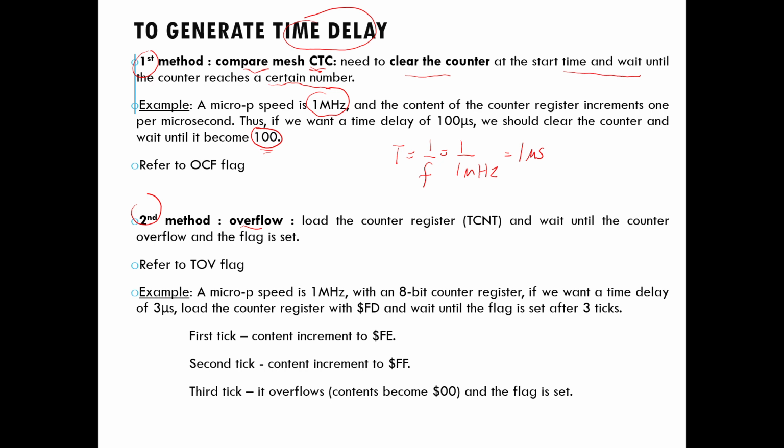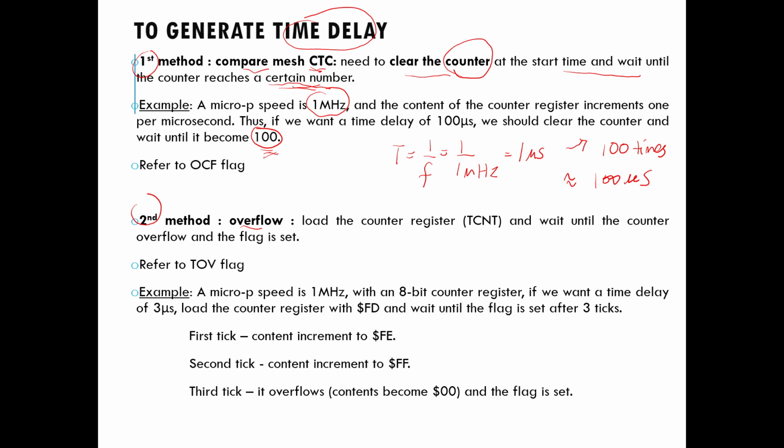If you are using the CTC method, the certain number for this case is 100, so 1 microsecond will be counted 100 times, which is equivalent to 100 microseconds. After the certain number, the counter will be cleared. This is the first method.